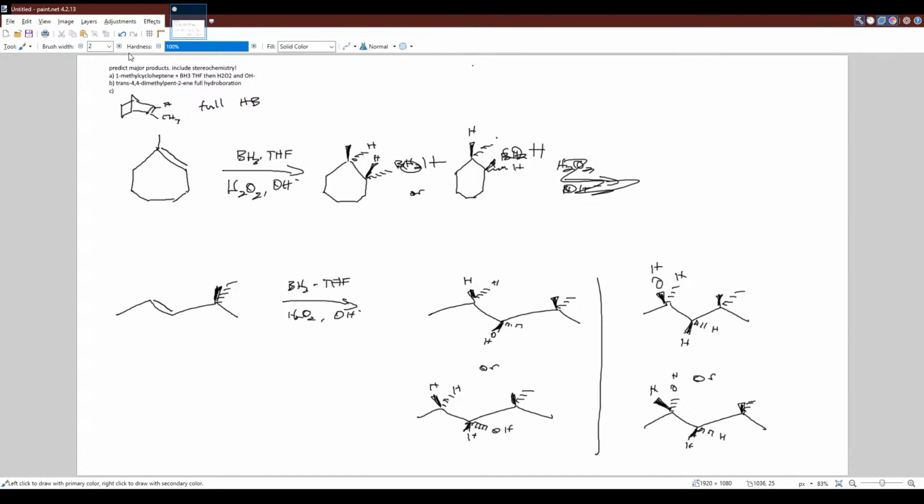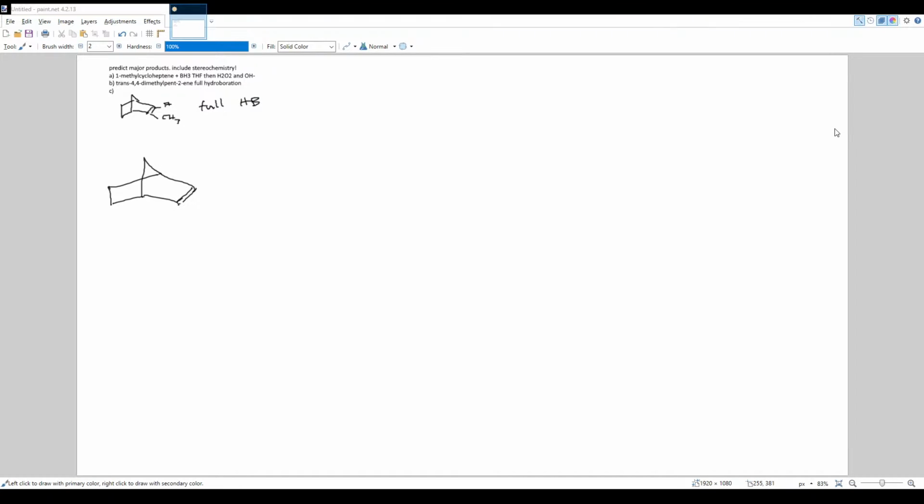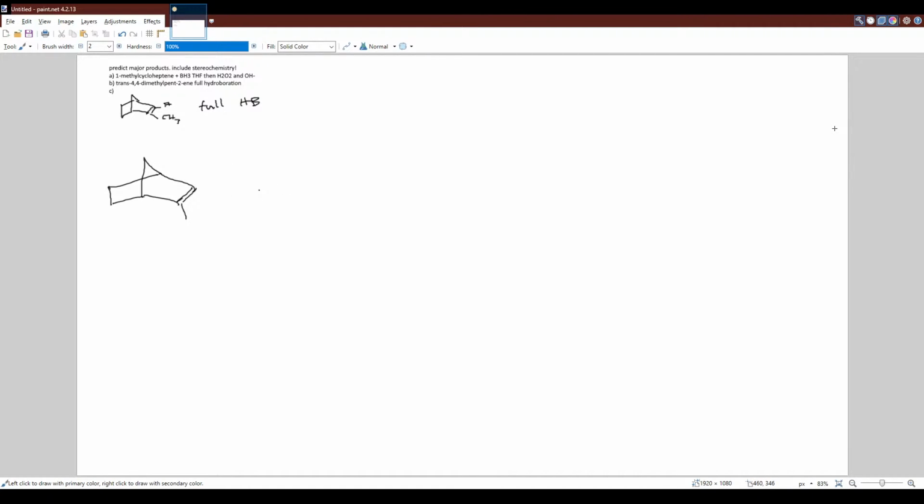I kind of want to check, but we'll do that afterwards. Let's do this other problem now. Full hydroboration of this norbornane thing. Okay, so I think there's only going to be two results we get here. We're going to have to add from the top, I think. Yeah, we're adding from the top, and we add onto the least substituted.